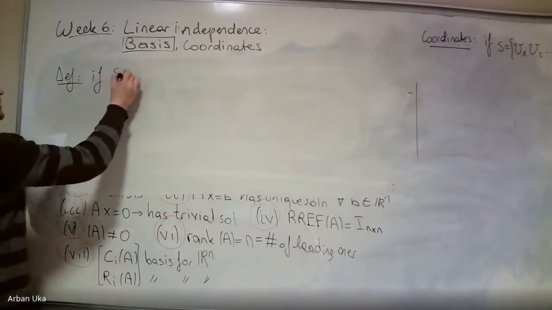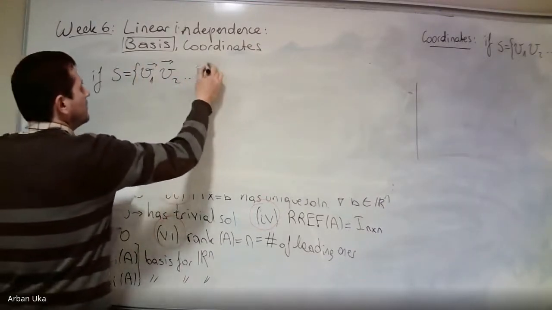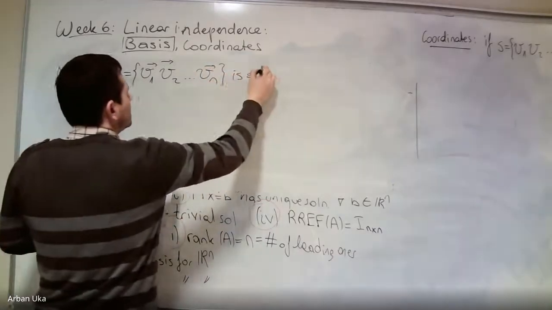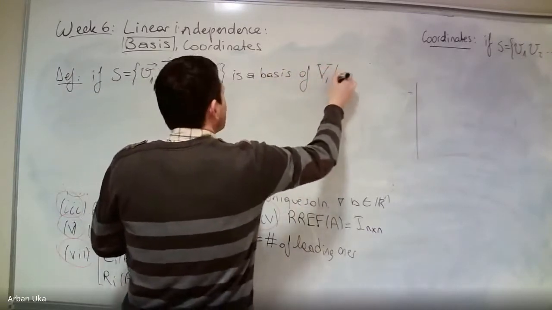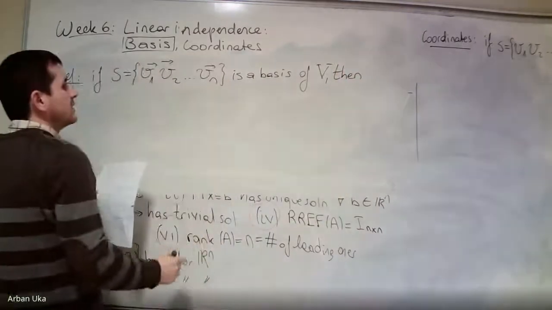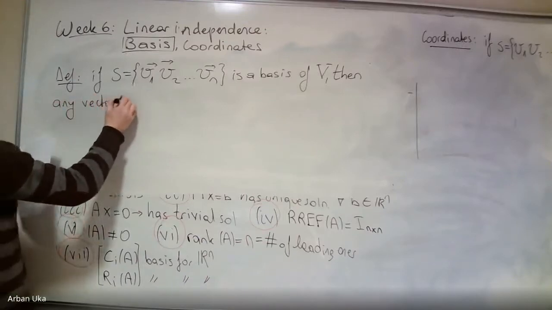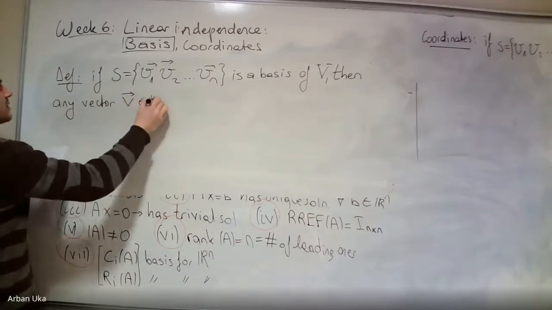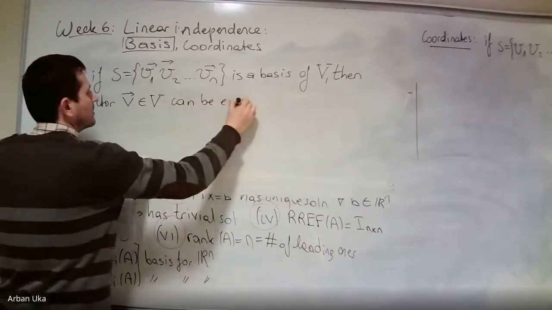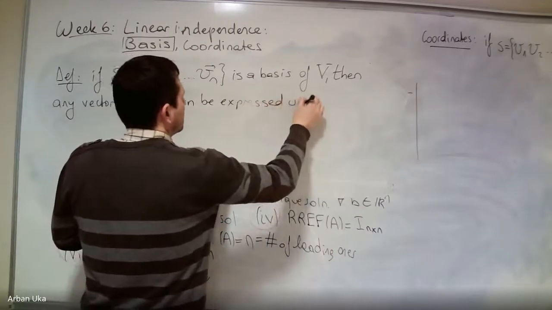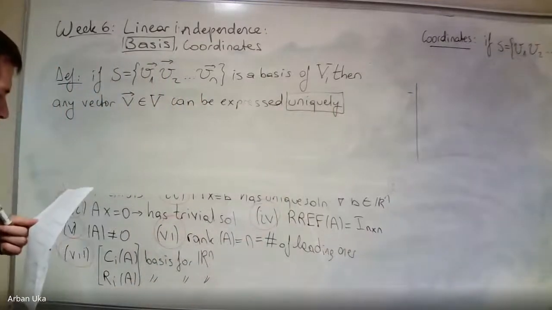Here we say that if S, which is composed of vectors V1, V2, up to Vn, is a basis of vector space V, then any vector V which is a member of the vector space V can be expressed uniquely, which means in only one possible linear combination.